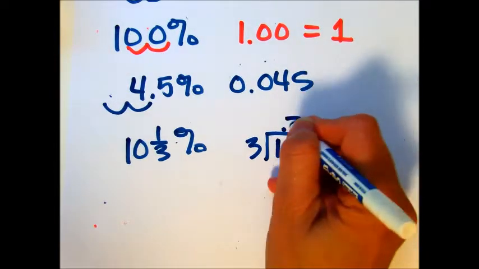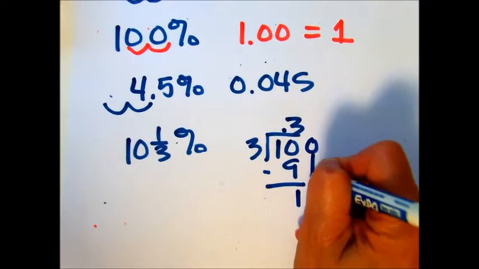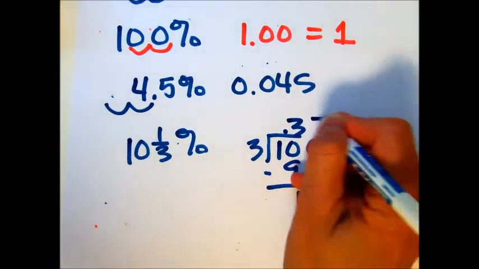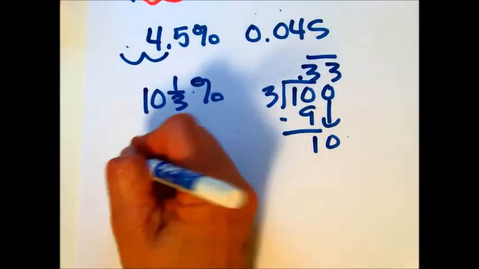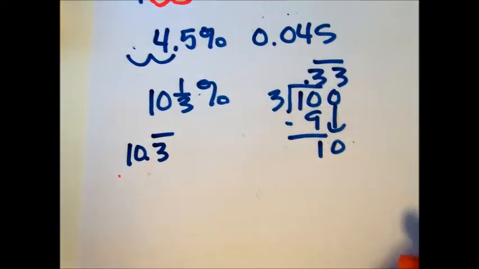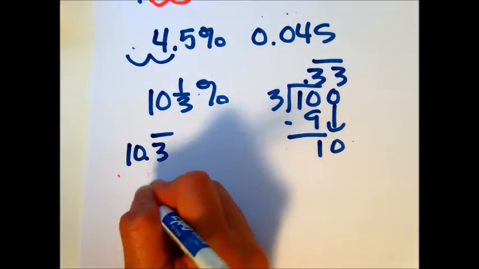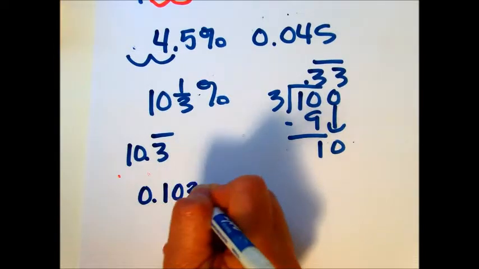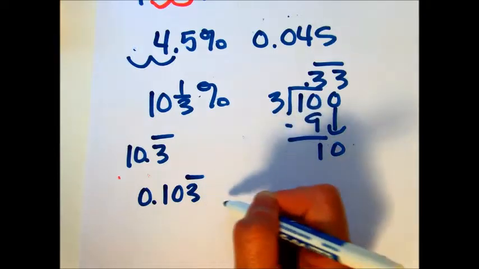That's going to give you 3, we're going to go 9, subtract, and we're going to just keep going, okay? This is going to keep going. It's a repeating decimal. So if we rewrite that as 10.3 and then move our decimal over, we're going to get 0.103 with a line over the 3 because that's the part that's going to keep going forever.